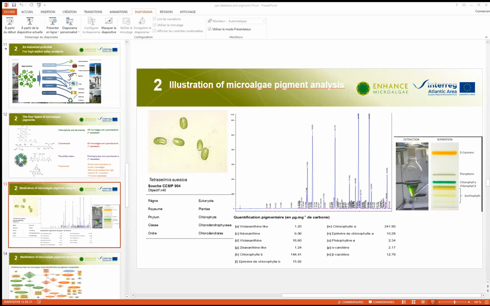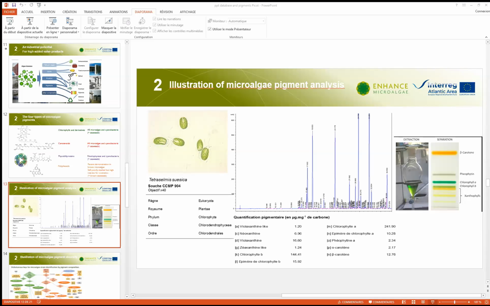So now I will give a few pieces of information about how to extract and purify these pigments. When you want to purify at industrial scale, you have to think about how you are going to extract this pigment, and if possible, if you can use an eco-extraction, a system that is good for the environment. And the main problem is to purify these pigments.